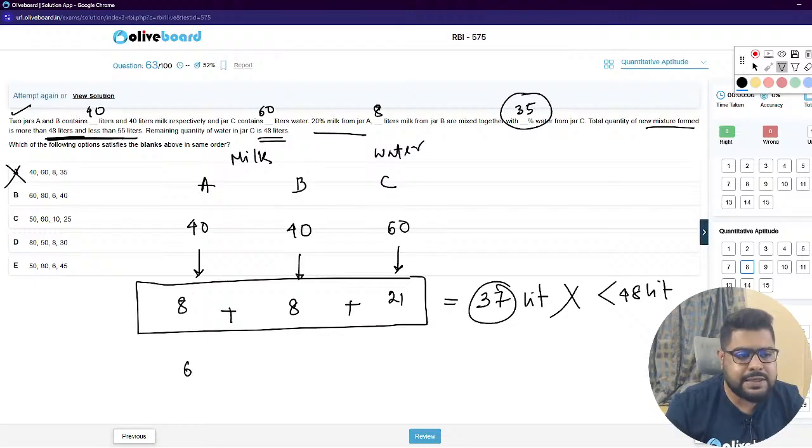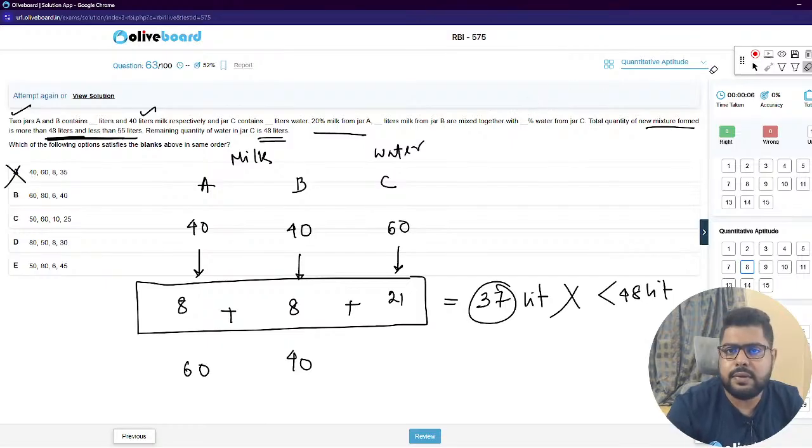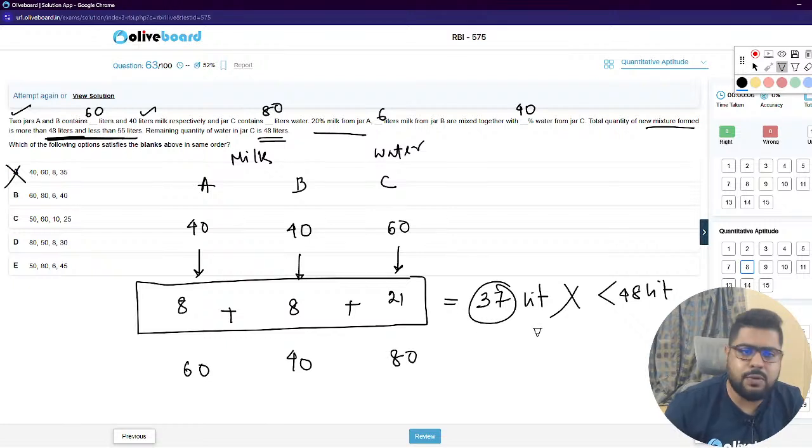60 here. B is already fixed, 40. Next is 60, 40, then this is 80, sir. Now let's see. Now what I'll take? Sir, 60 liters.